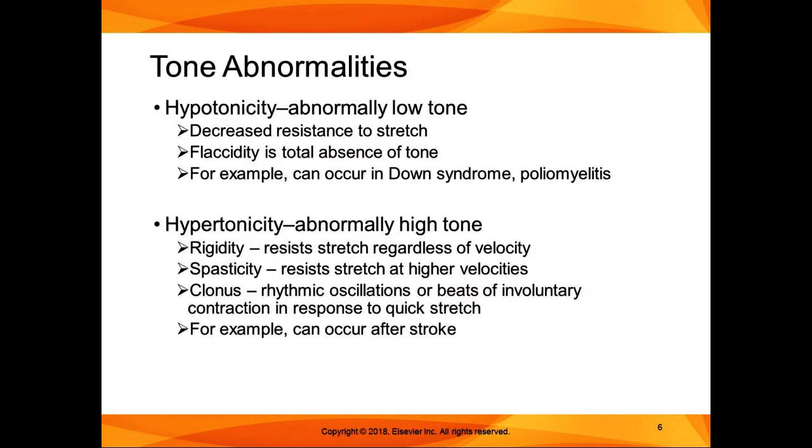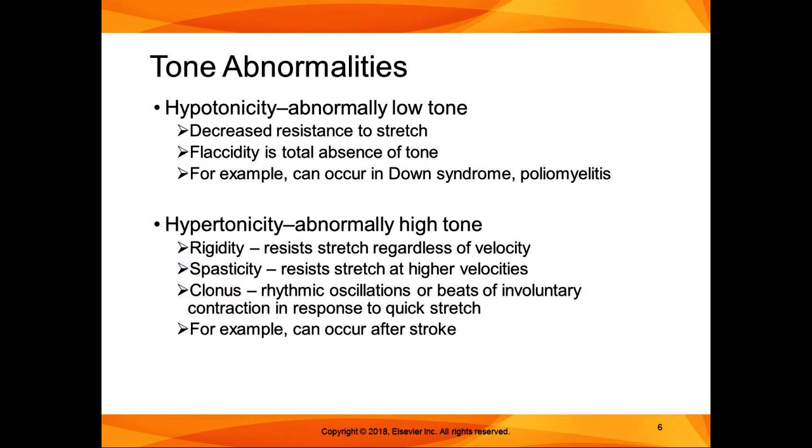So tone abnormalities: hypotonicity is abnormally low tone. It's decreased resistance to stretch. Flaccidity is the total absence of tone. It is a hypotonic condition, but it means you have no muscle tone. A lot of times immediately after a stroke, someone's muscles will be flaccid, and then later on they develop hypertonicity.